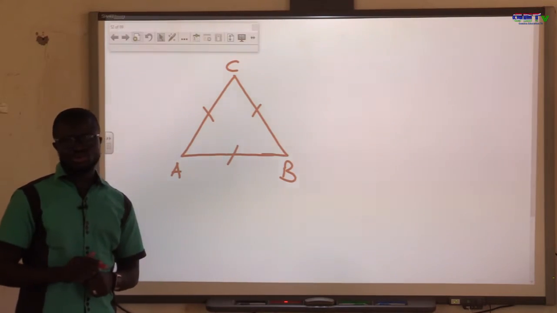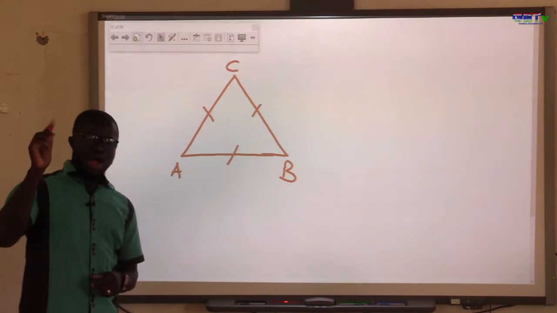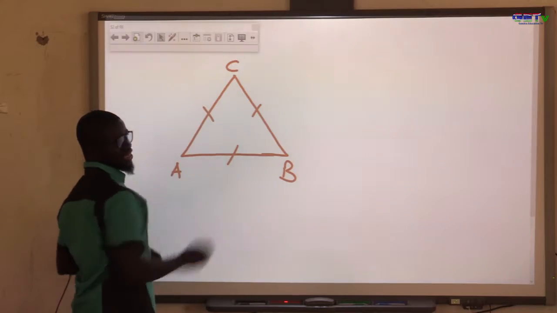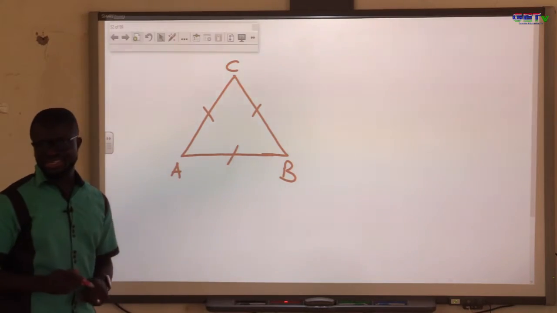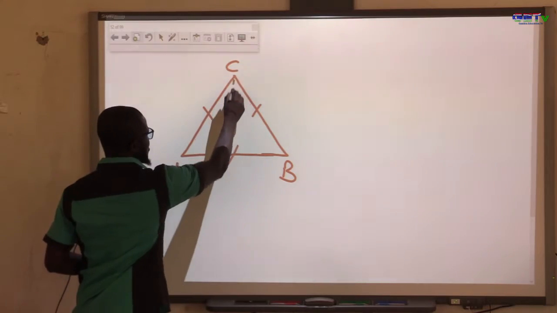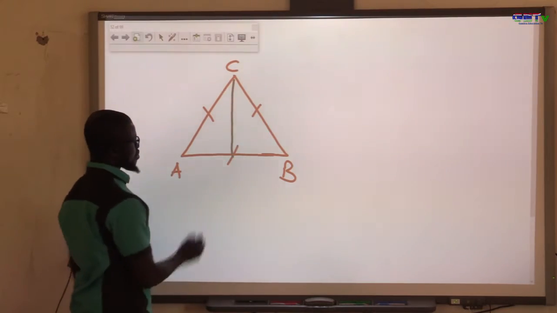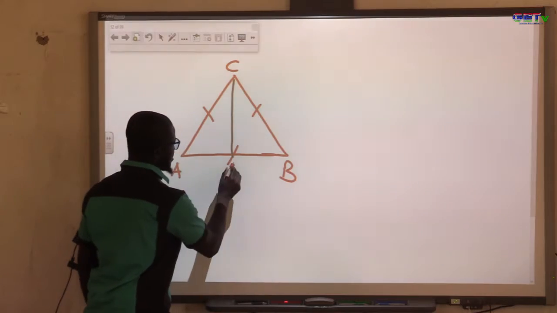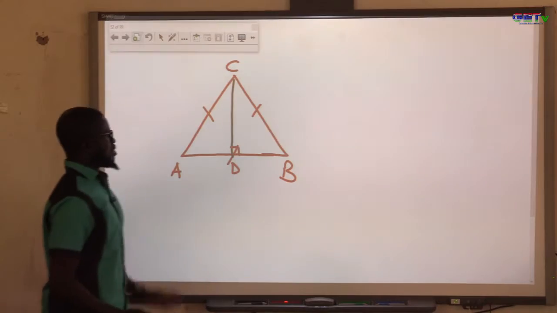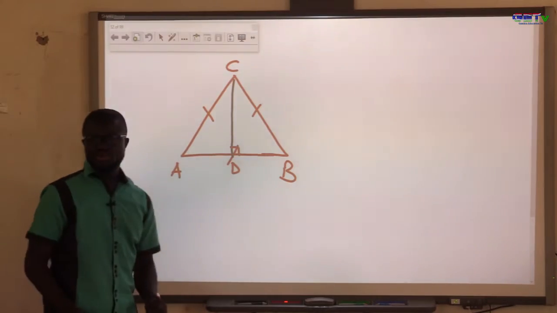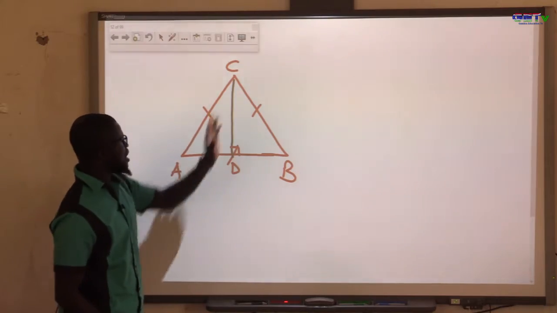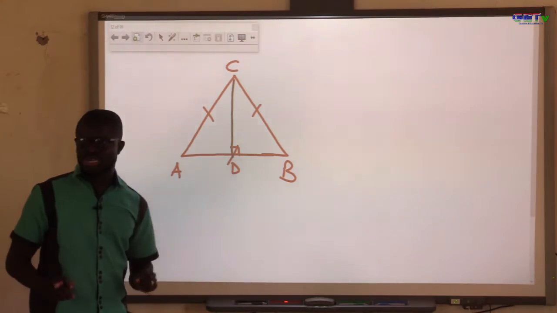In the same triangle, I would like to draw a perpendicular line from C to bisect line AB at 90 degrees. And that will give us a shape like this. So we label this point as D. Now, if you look at the shape that you have on the board, it means we are able to bisect or divide triangle ABC into two equal right-angled triangles.